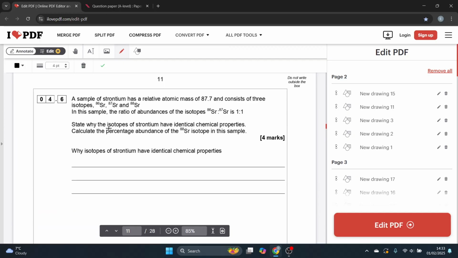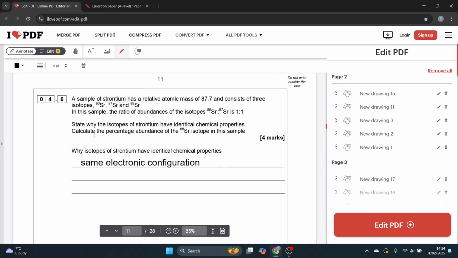So why they have identical chemical properties is because they've got the same electron configuration. You can't say same number of protons or neutrons. That's a nice part. Then the other part, calculate the percentage abundance of 88Sr isotope in the sample.